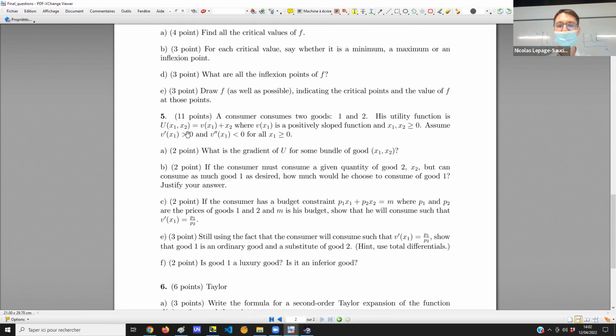What I like about 5 is that I have some function with properties, and then you can deduce anything without knowing what V is. I'm going to show the solutions for that after today. So let's do it again with another function.